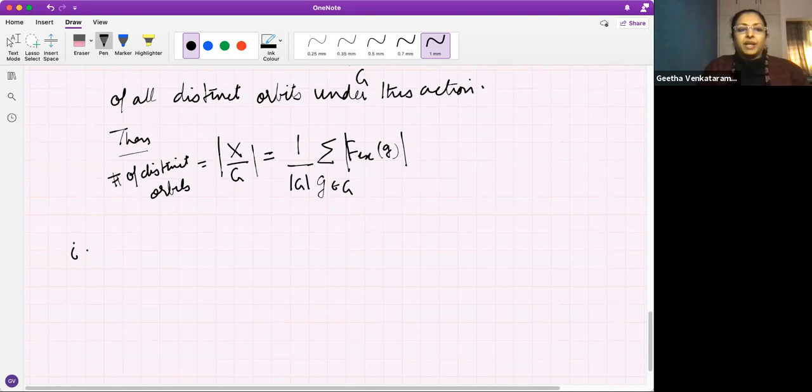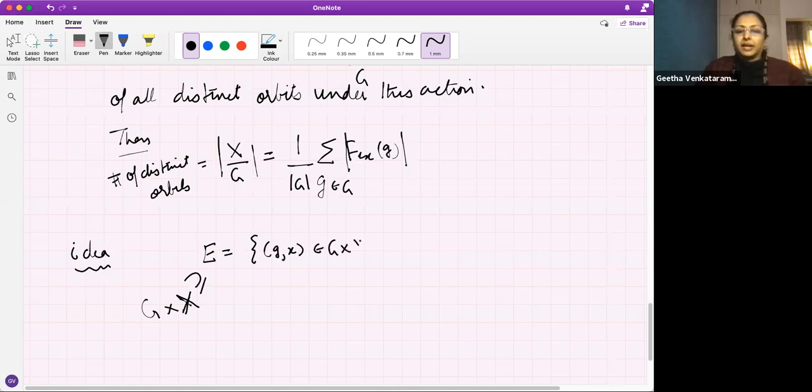See, the idea is very simple. The idea is that you look at this set E, which is a subset of G cross X. How is it defined? This is defined as the collection of (g, x) belonging to G cross X with the property that g acting on x is just x.